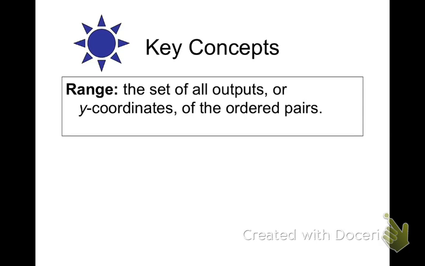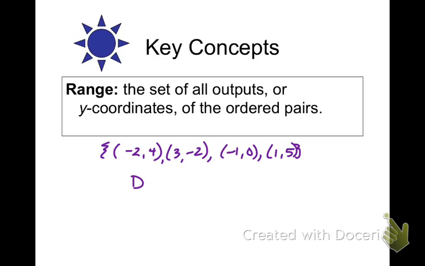So if we were looking at this same set of numbers, so -2, 4, 3, -2, -1, 0, 1, 5. We already said that our domain is the set of -2, -1, 1, and 3. What would be the range? Yeah, I go smallest, so -2, 0, 4, 5.